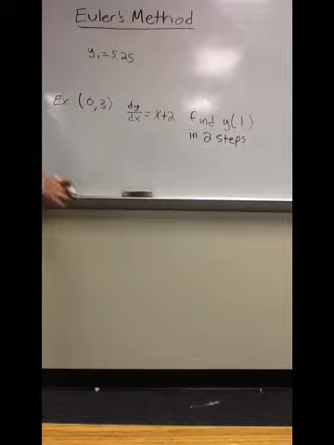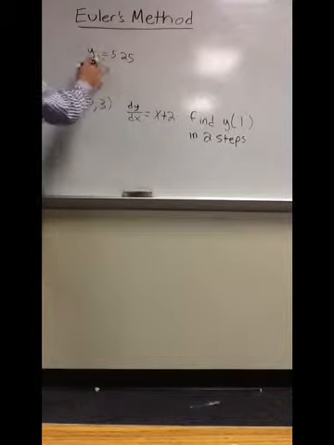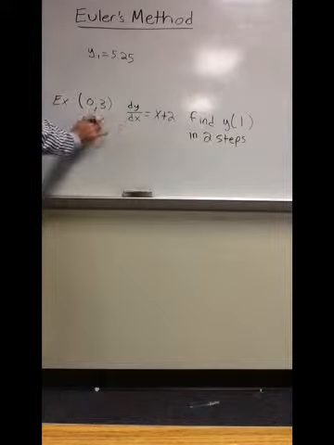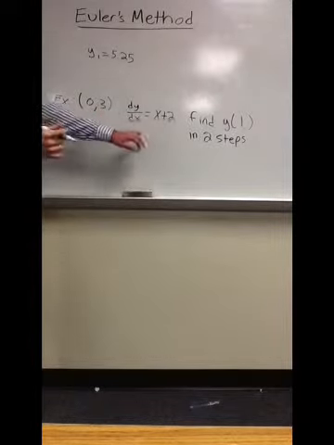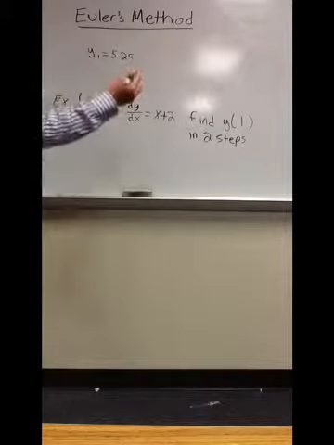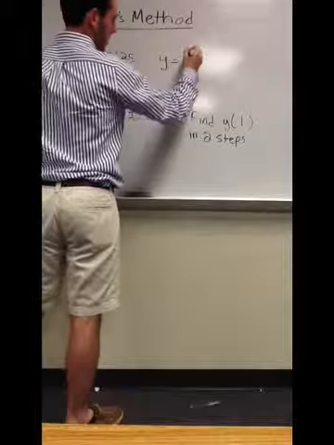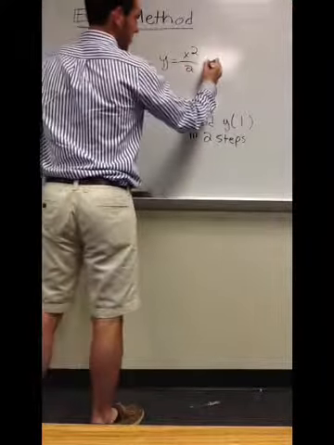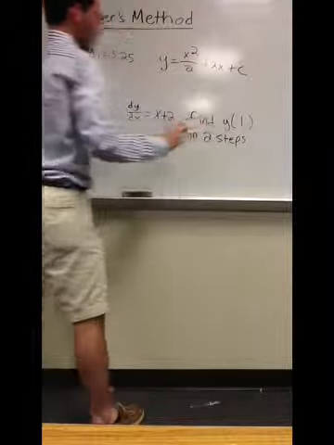Okay, so remember that what we have here is just an approximation of what y of 1 would be given this ordered pair and the differential equation. If we wanted to find the actual value, we would integrate this differential equation to get the original, which would be y equals the integral of x, which is x squared over 2, plus the integral of 2, which is 2x, plus a constant c.